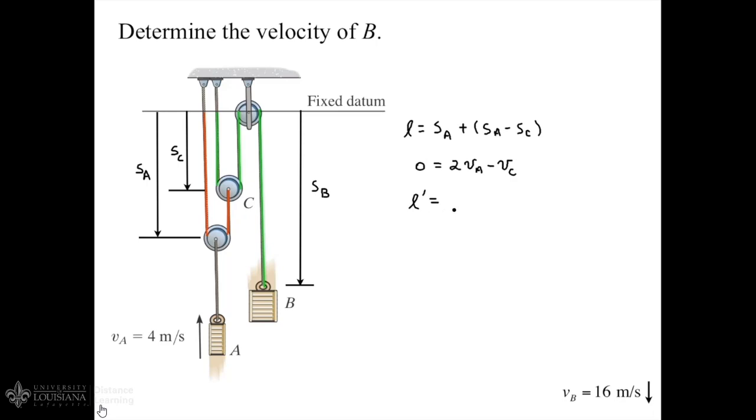L prime is equal to 2 S sub C, and we have plus S sub B. Taking the time derivative of this equation gives us the following. 0 equaling 2 times V sub C, and we have plus V sub B.